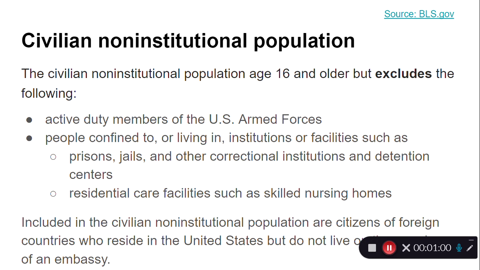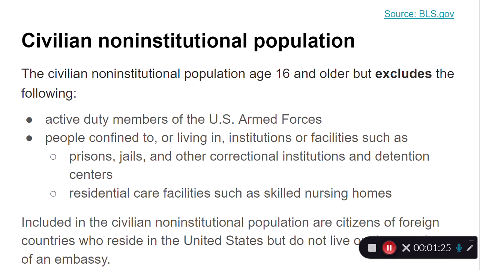Whenever you create a precise definition, you leave something out. And a lot of times, with words like unemployment, we have a way that we use that word in everyday language, meaning I don't have a job. But the way the Bureau of Labor Statistics treats unemployment is a little bit different.